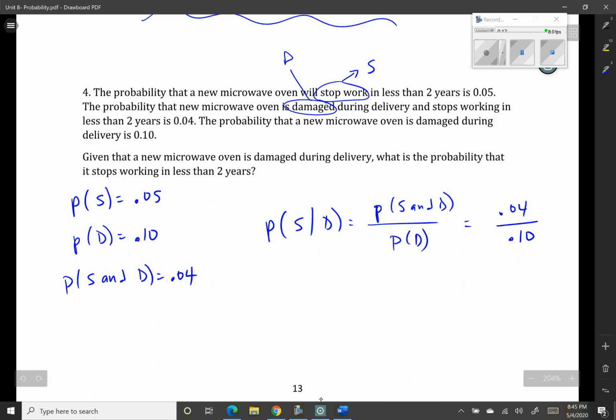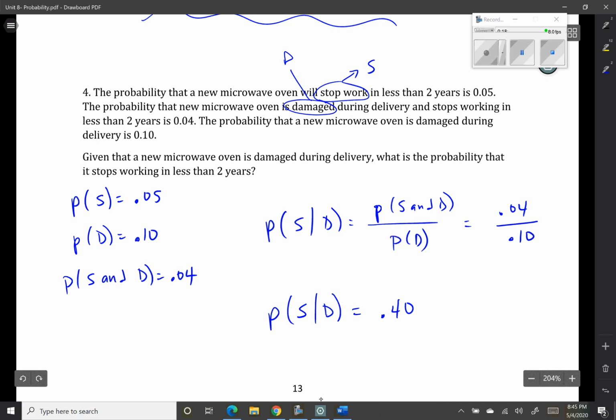All of that was given information to us. If I do 0.04 divided by 0.10, I get 0.4. So the probability of stop working, given the fact that you were damaged, is 0.40.